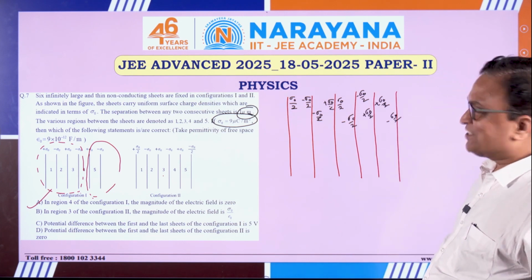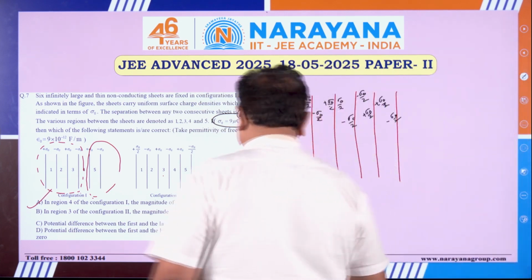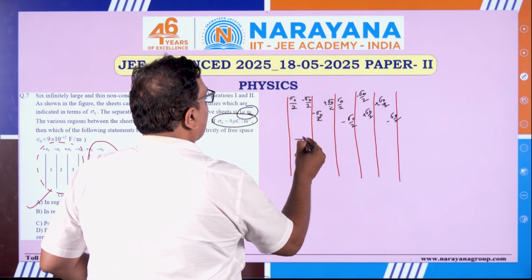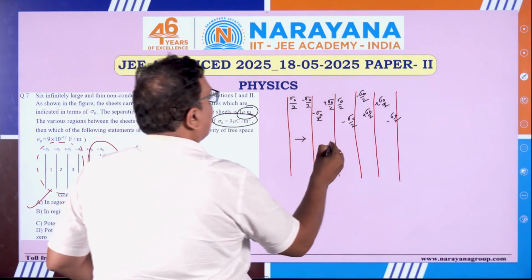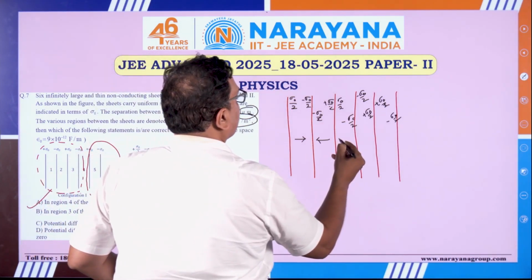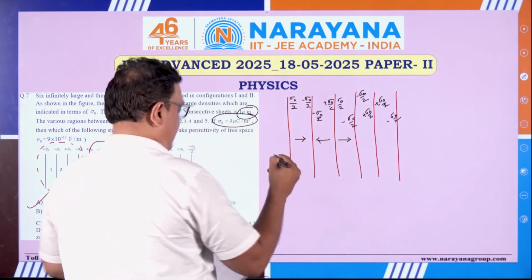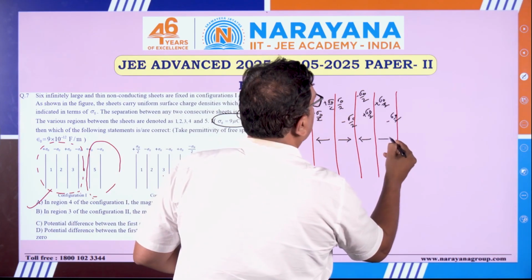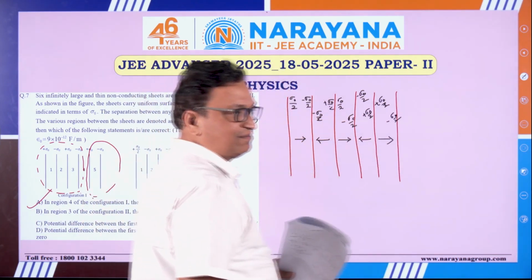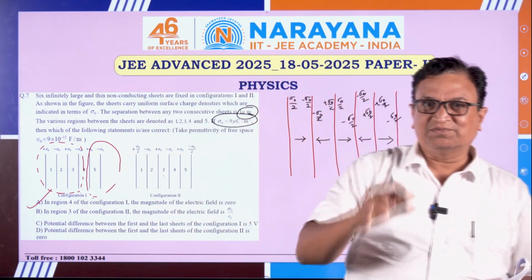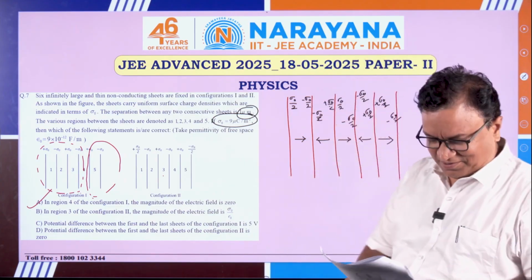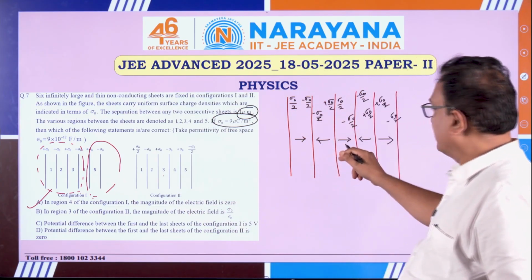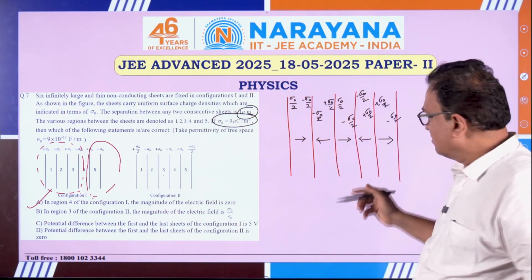Now the question is, boys, in this situation, this is how you have the electric field, and this is how you have the electric field, and this, and this, and finally this is how you have the electric field. Don't forget the direction. In region 3, meaning here, what is the field?